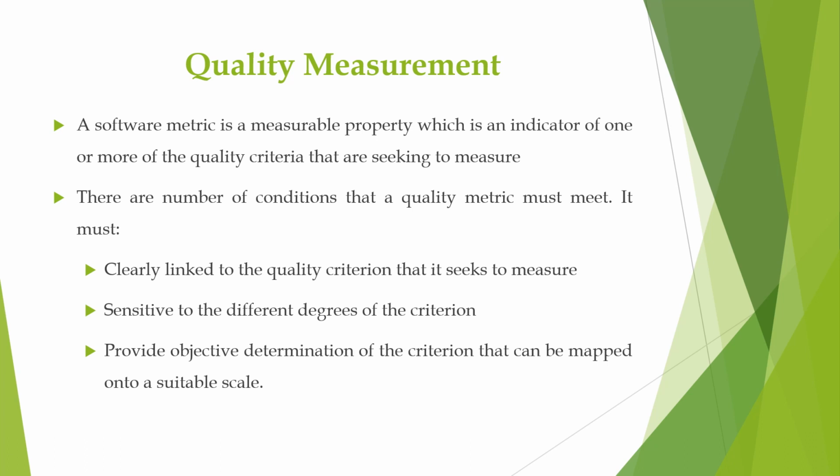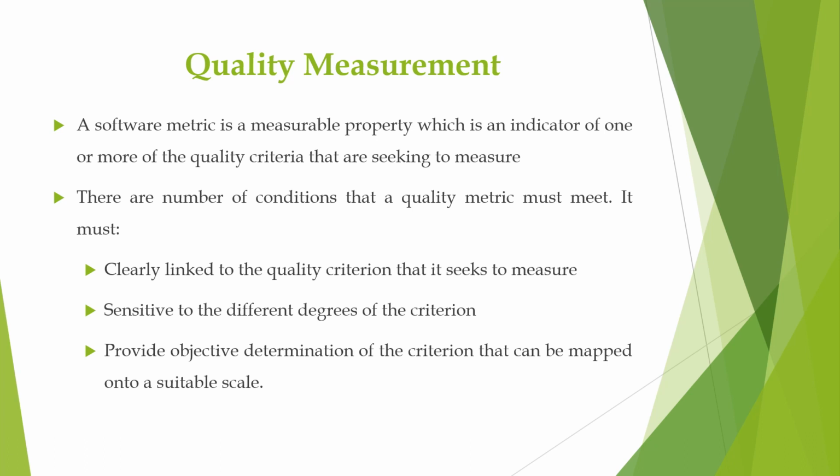A software metric is a measurable property which is an indicator of one or more of the quality criteria that we are seeking to measure. As such, there are a number of conditions that a metric must meet. It must be clearly linked to the quality criterion that it seeks to measure, which means that we should map the quality criteria to the quality measurements.